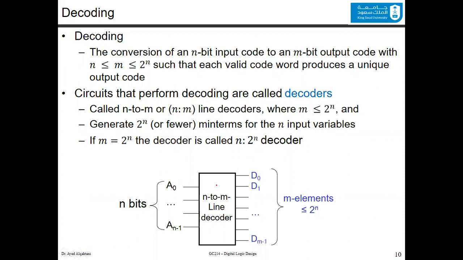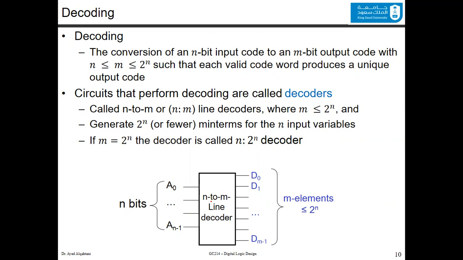As you can see here in the block diagram, we have n bits as inputs, denoted from A0 to A(n-1), and we choose the letter A because it's usually tied to certain addresses. And we have m elements in the outputs, starting from D0 to D(m-1), and we choose the letter D because it's usually tied to certain data.